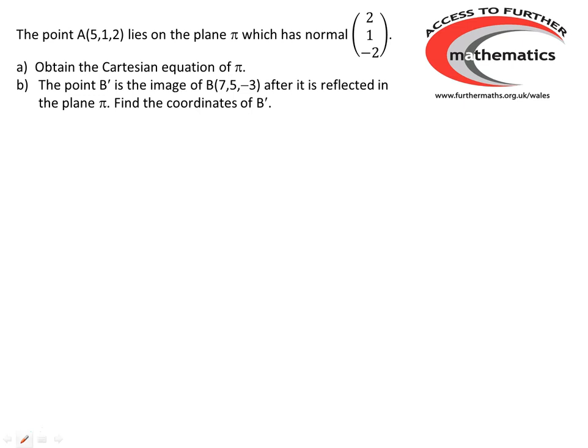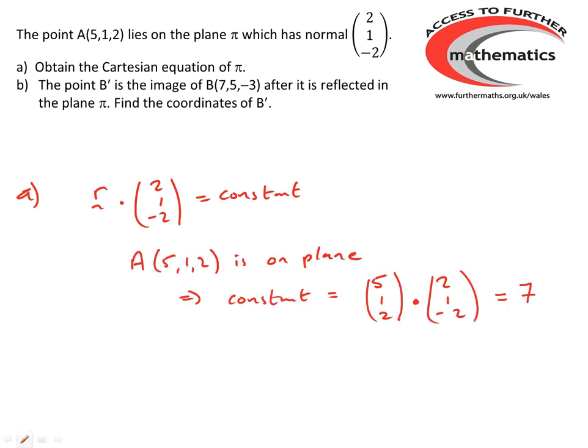So we'll start off with part A, which is very similar to work that we've done already in this revision video. So we know that the equation of the plane must be of the form r dot 2, 1, minus 2 equals a constant. Since A is on the plane, we know the value of the constant must be 5, 1, 2 dot 2, 1, minus 2, which is 10 plus 1 plus minus 4, which is 7.